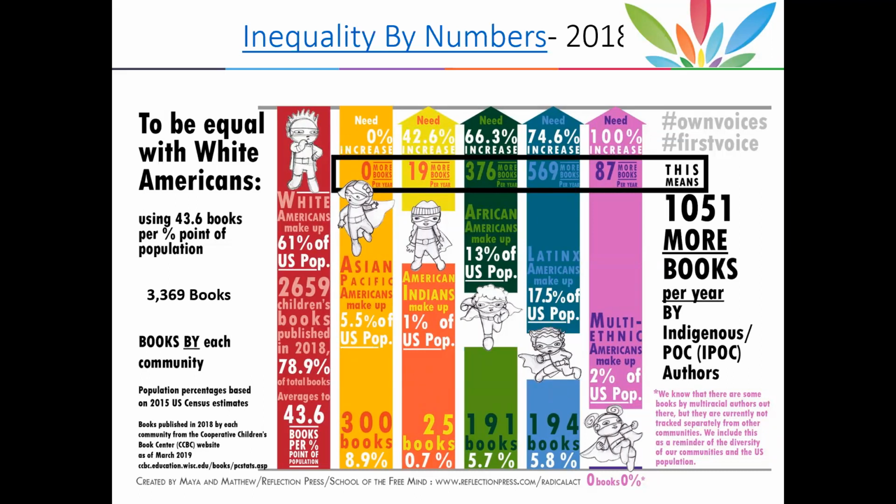And you'll see that as of 2018, we would have needed 1,051 more books spread across various non-white races, and Indigenous people to be made quote unquote equal to the books published by white authors for white children. And the access to this chart is also a hyperlink. The title is a hyperlink.